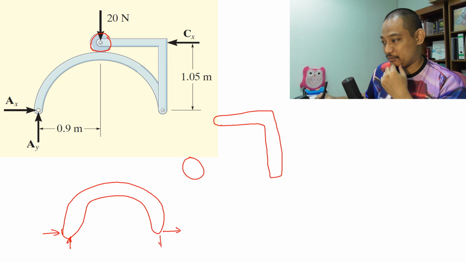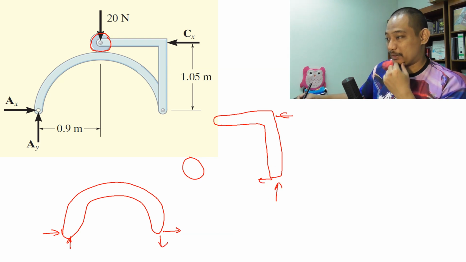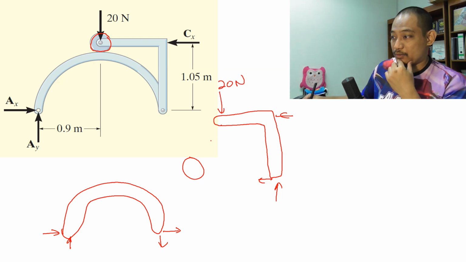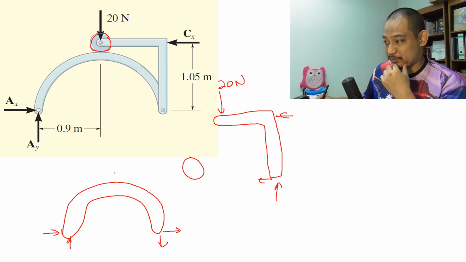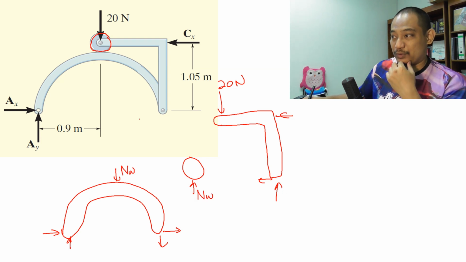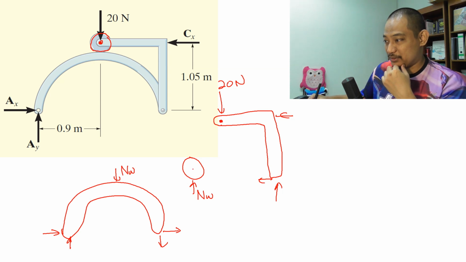So you have this one. Now, this force, if you have it here, for example 20 Newton. When you separate this, of course, here is what you have just now. That's the same. But what you do when you separate at this pin is you have actually X and Y here, right?